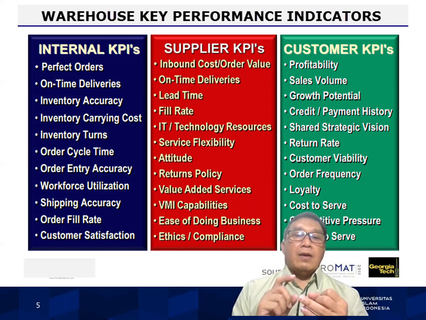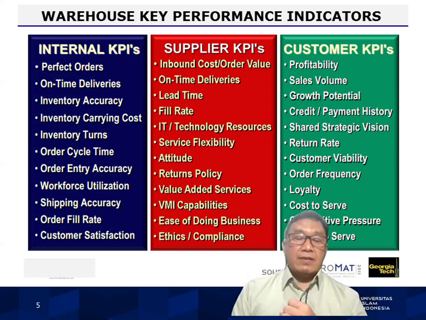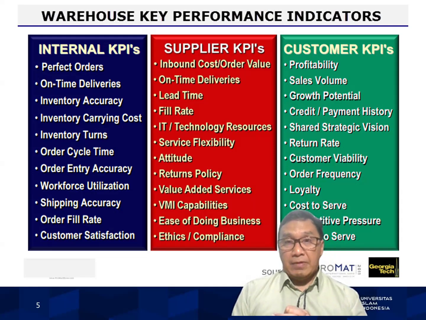Another example is on-time delivery, no more, no less than what has been scheduled. And then inventory accuracy. Inventory accuracy means we need to compare the number of inventory in the inventory system with the number of inventory in the warehouse.